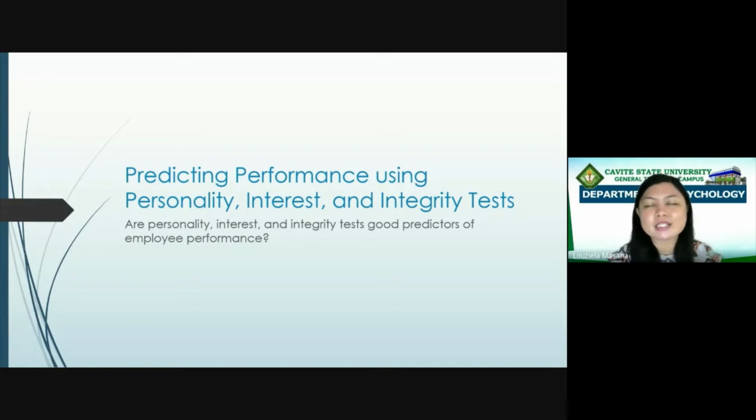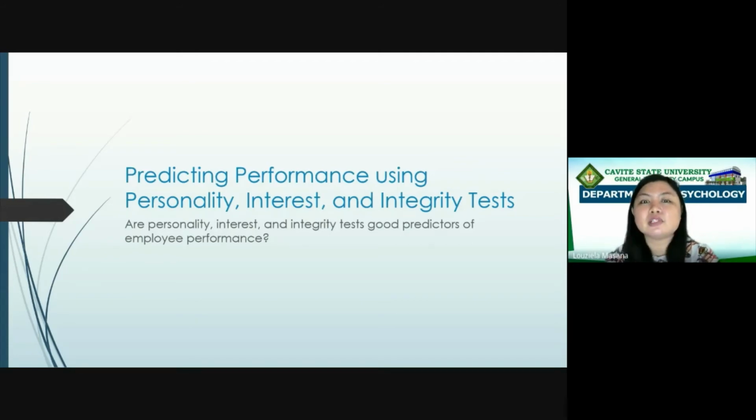Na-measure yan with different kinds of psychological tests, personality, interest, and you can identify if ano ba yung interest ng tao na to, ito bang job na kanyang pinasukan ay something that he or she is interested with. And eventually, pag nagawa siya ng trabaho or nagtrabaho siya, ginawa niya yung responsibilities niya na relative to that position, di magagawa niya ng maayos.